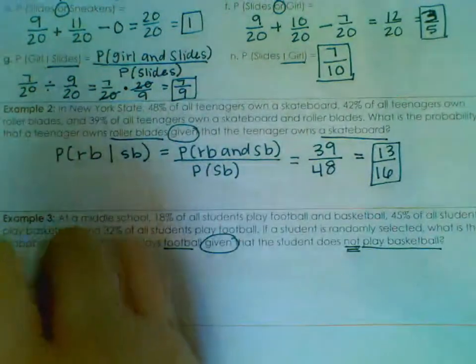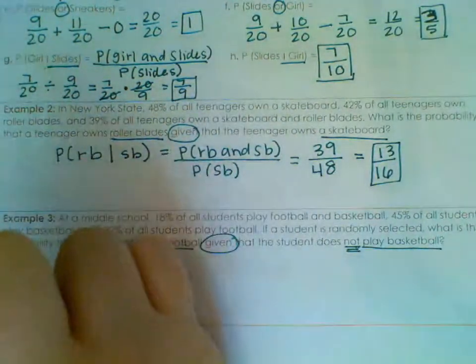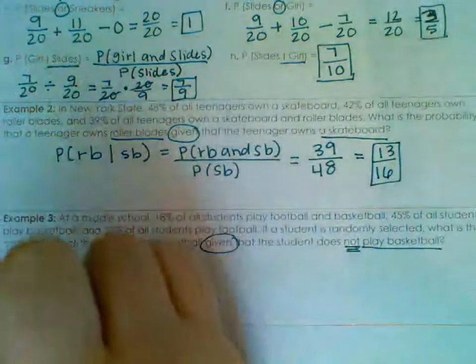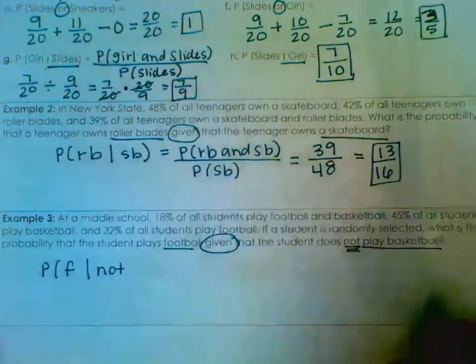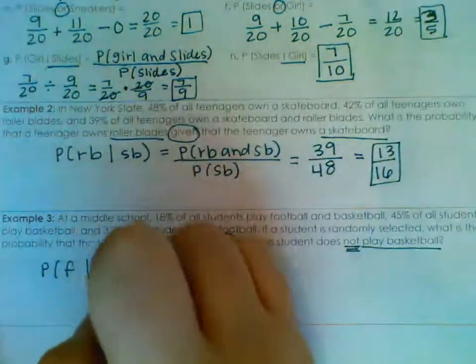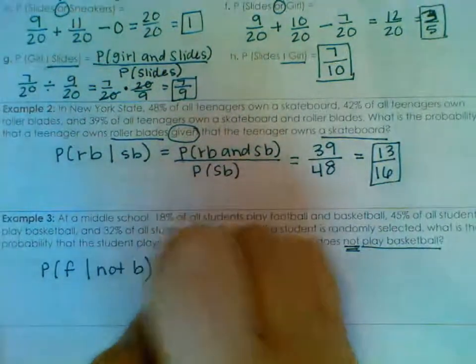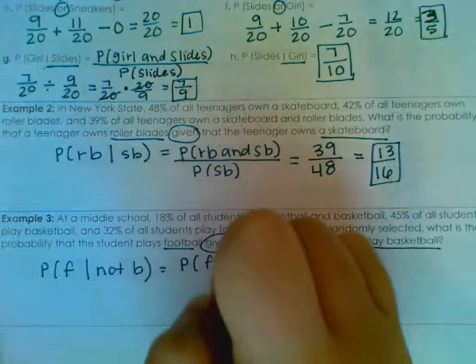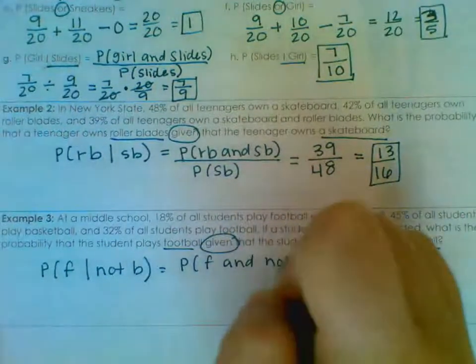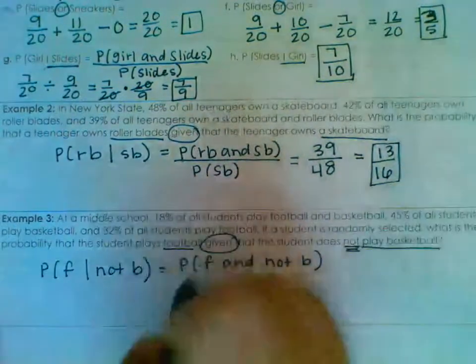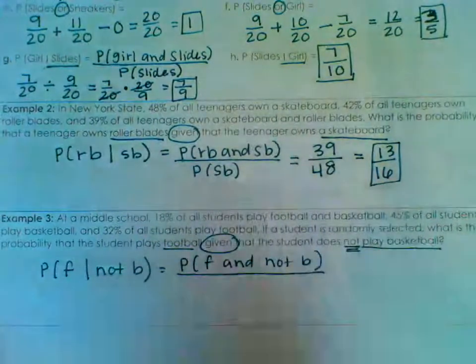So we want the probability of football given not basketball. So remember on the top, that's going to be and: football and not basketball. And then what's going to go on the bottom?